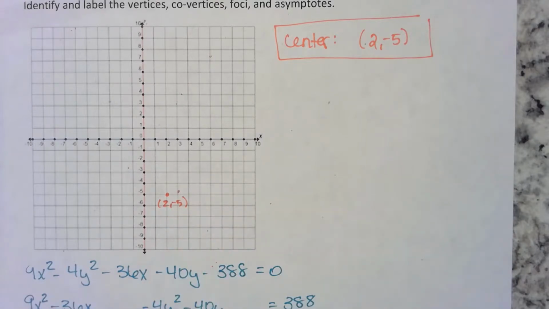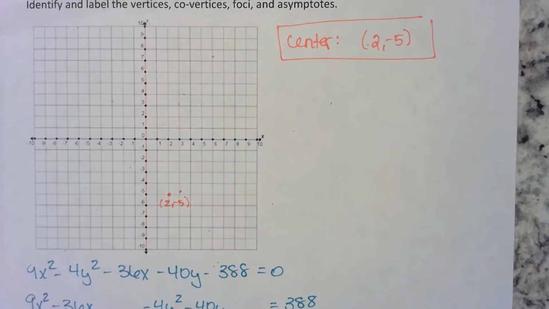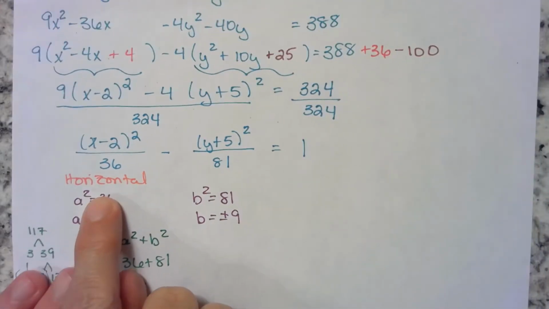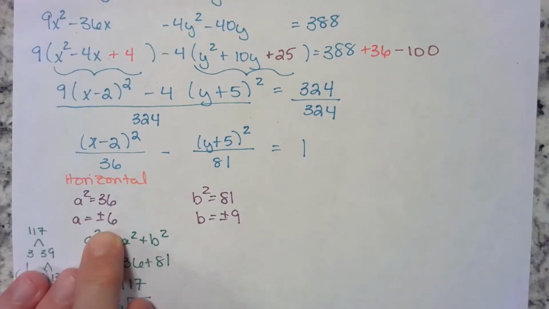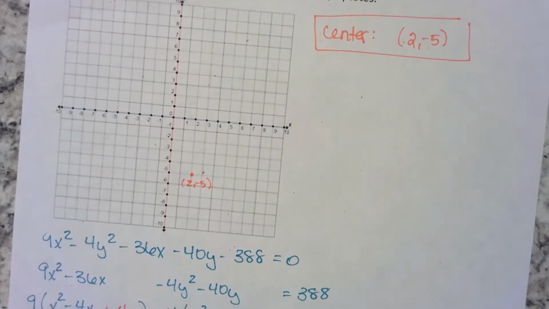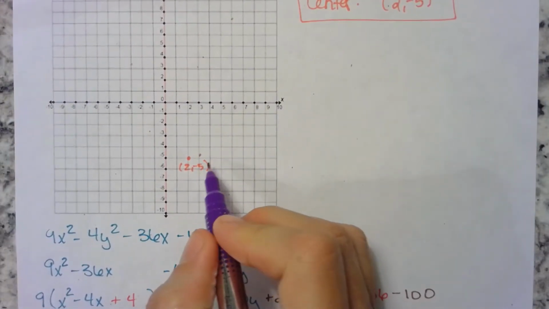We know that our vertices are going along the horizontal transverse axis, right? So our vertices are 6 units left and right of our center. That would be 1, 2, 3, 4, 5, 6.